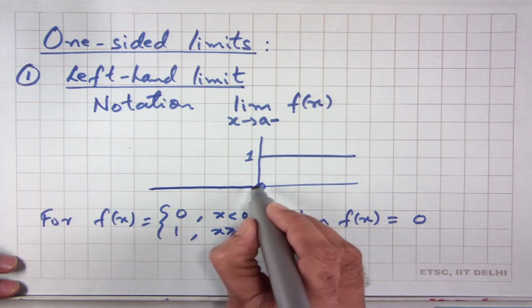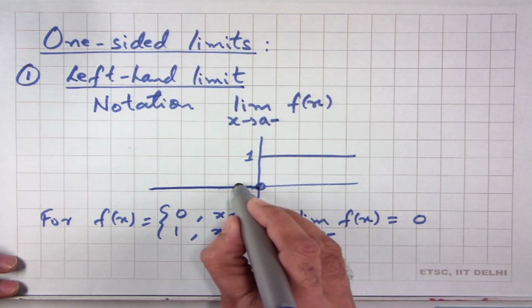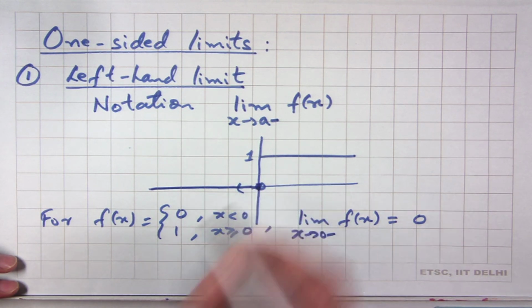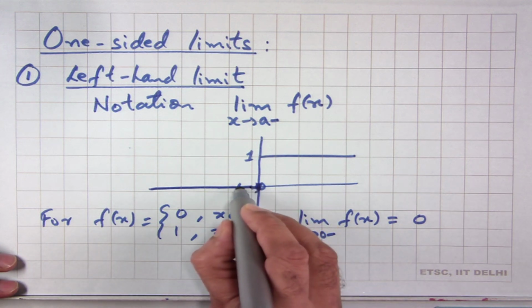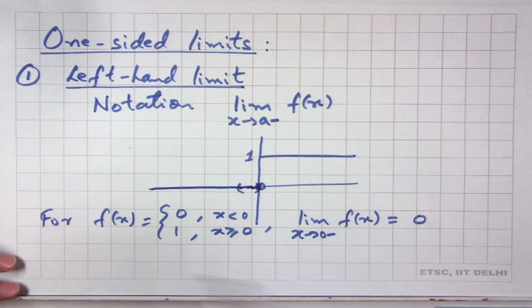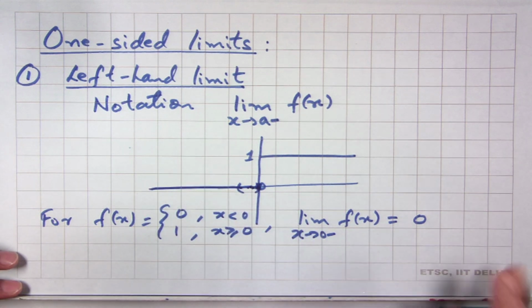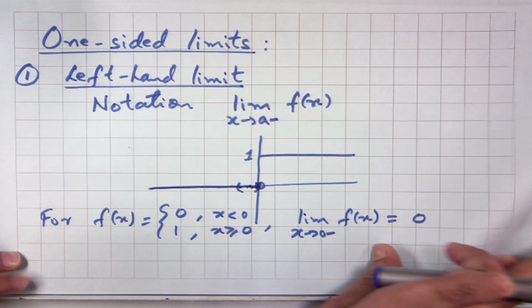This is because if I take any point in this interval to the left of this point, then f x is identically equal to 0.